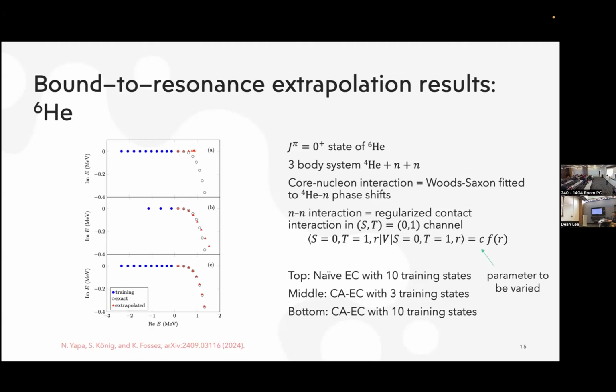Here, naive EC doesn't work. If you do CAEC with three training states, it works somewhat well. But if you go to 10 training states, it's nearly perfect, and this is the actual physical resonance that we want.